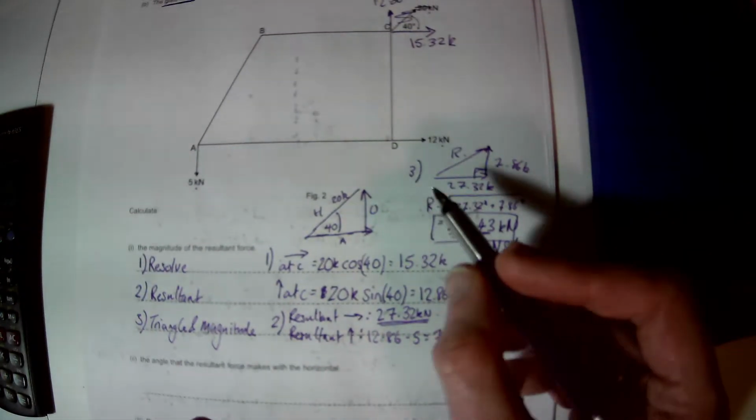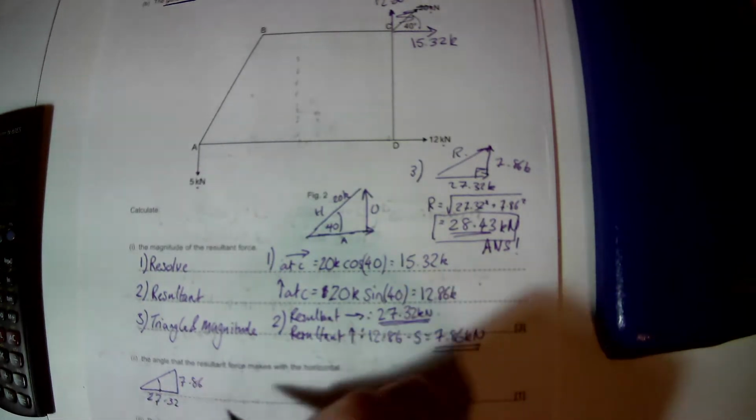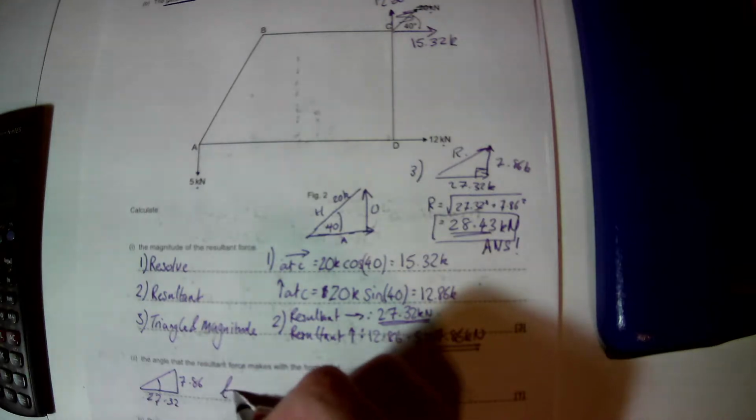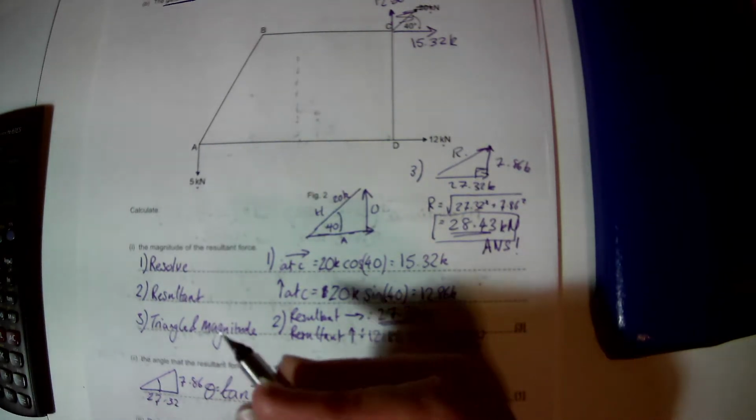Now, the angle the resultant force makes with the horizontal, we take this triangle again with the 27.32, which we worked out, and the 7.86, and we're wanting the angle here. So we're going to need tan minus 1 of the tangent, which is opposite over adjacent. So my opposite side, 7.86 divided by 27.32.